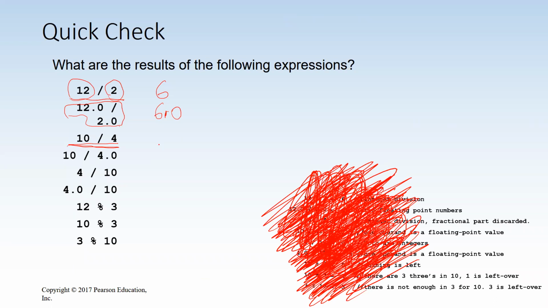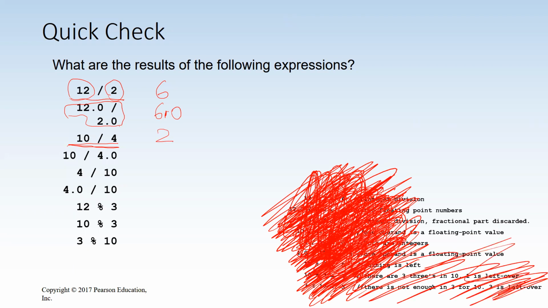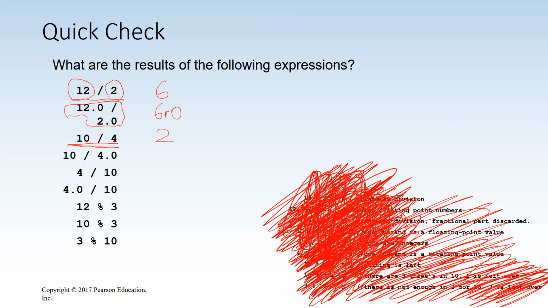2. Yes, 2, because it's integer division, and both of them are int. So you only look at the quotient and you discard all the decimal places. Okay. What about this? 2.5, because one of them is a double, so you get a double result, accurate result.